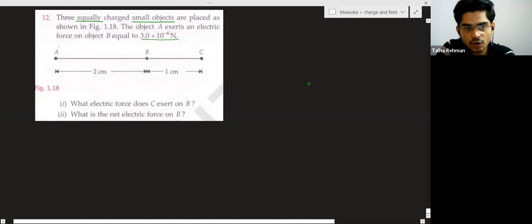So the direction of force due to A on B is in this direction.